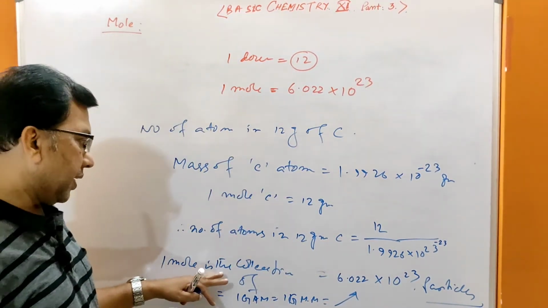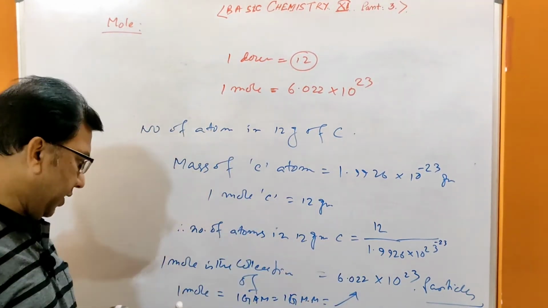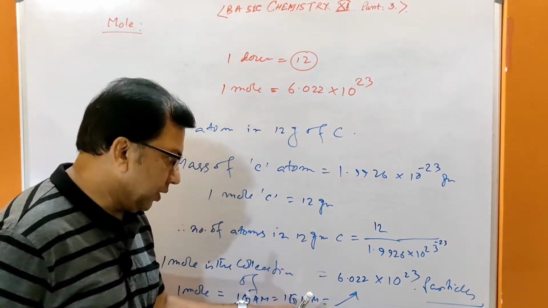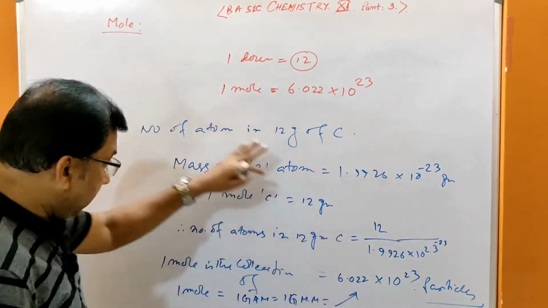So 1 mole is the collection of these particles. That is 1 mole equals 1 gram atomic mass equals 1 gram molecular mass equals this number of particles. Clear? This is the mole concept.